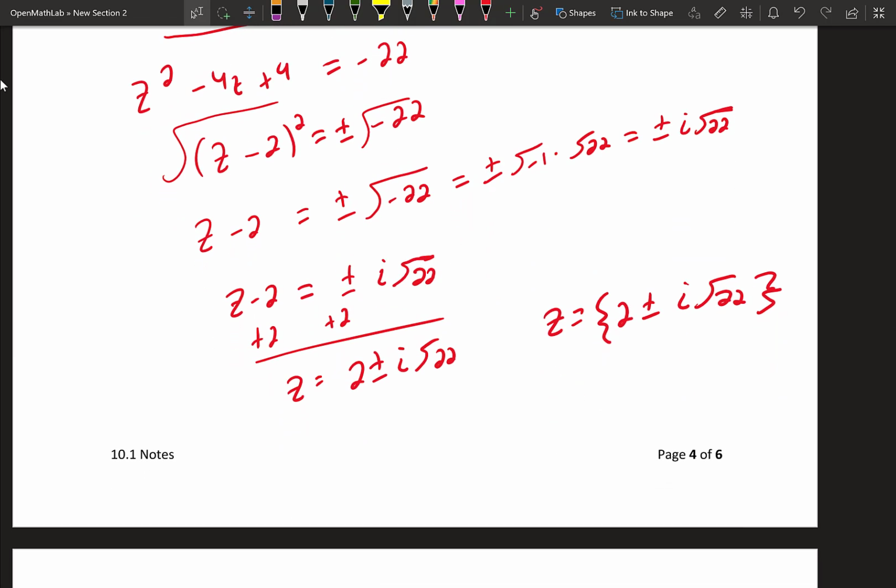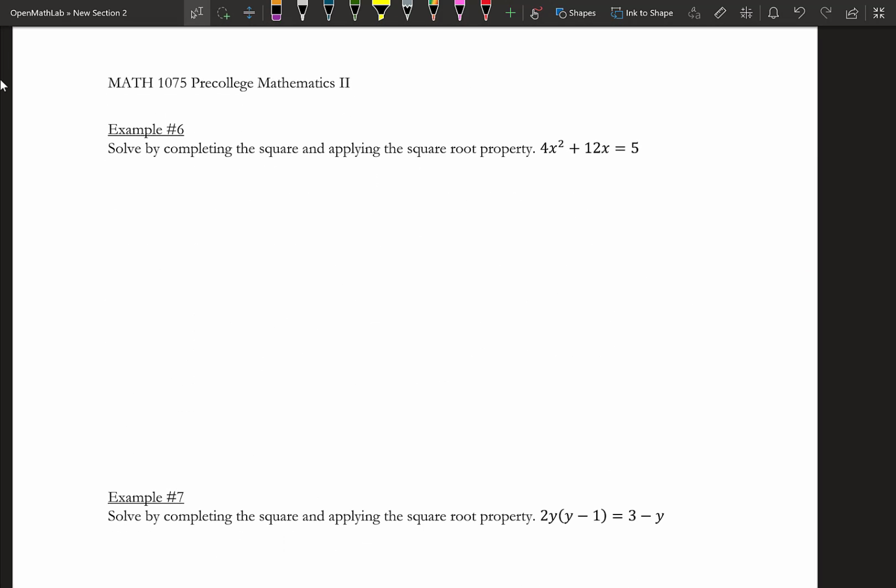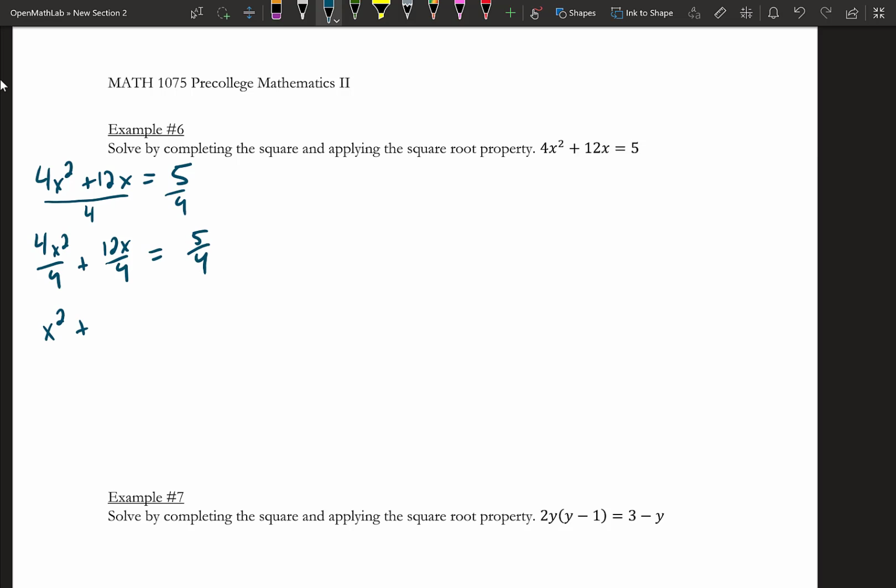All right, so then I have two more problems to try with completing the square. The first one, we have 4x squared plus 12x equals 5. The very first thing I want to do is divide both sides by 4. So this is 4x squared divided by 4 plus 12x divided by 4 equals 5 divided by 4. 4x squared divided by 4 is just x squared, 12x divided by 4 is 3x, and I'll just leave that as 5/4.